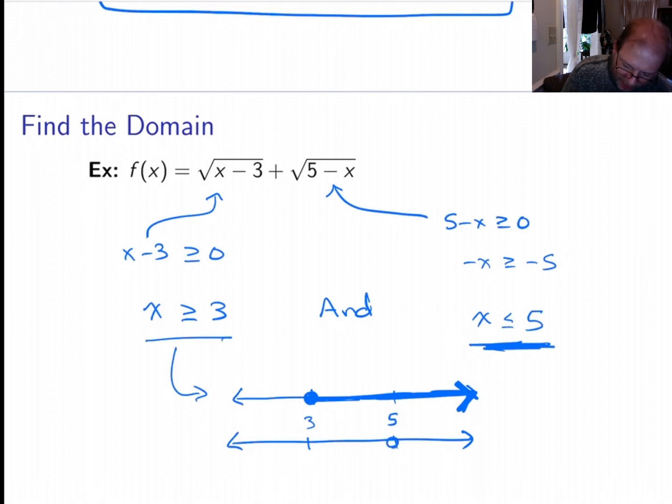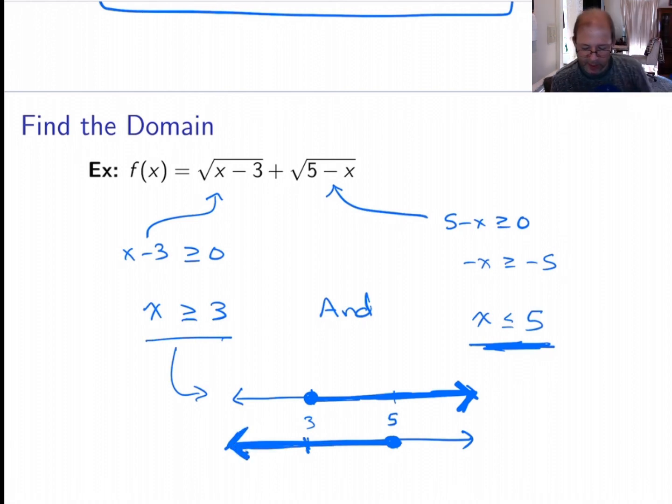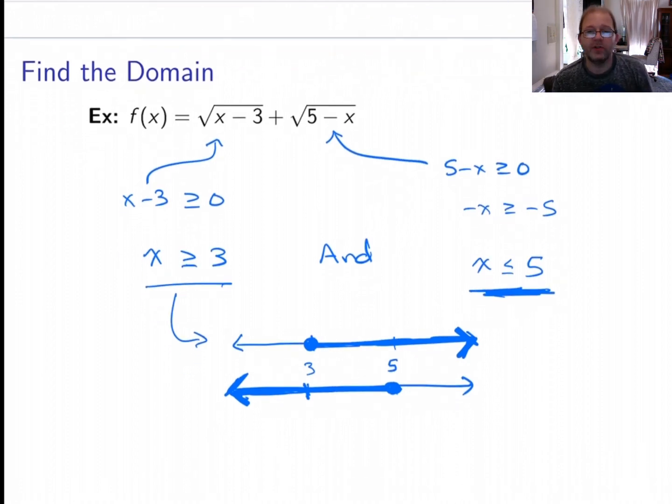That says it has to be 5 or smaller. The only values of x that satisfy both of these are the ones that are shaded on both of these number lines. So if I take these and put them together, technically I'm taking the intersection of these two things, but I'm having to take the points that are shaded on both. So that's going to be everything from 3 to 5.